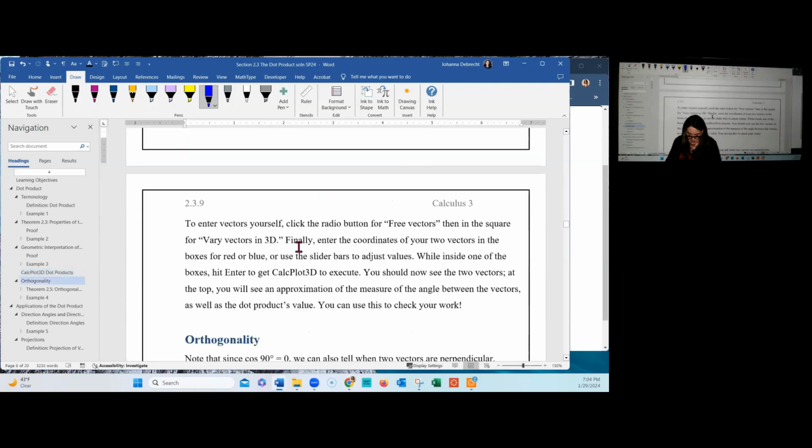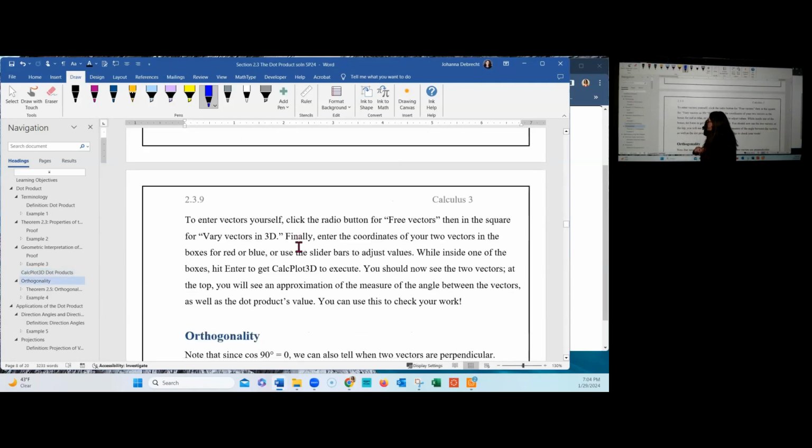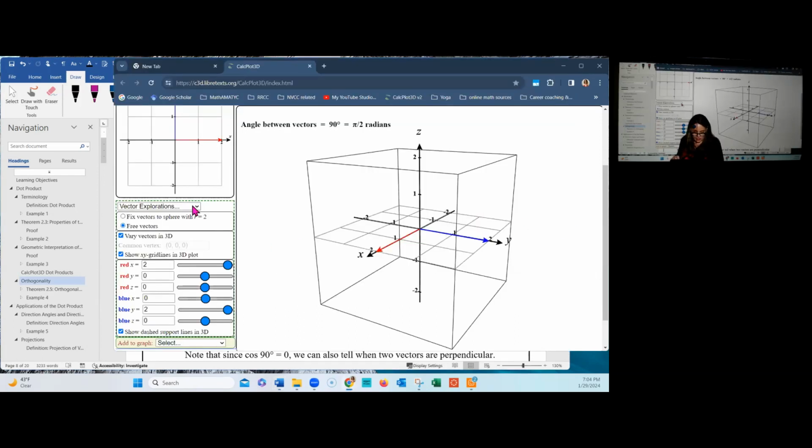So what you're going to do next, after you've clicked on vary the vectors in 3D, is come to where it says vector explorations, which is sort of here in the middle. It's a small box, but this is where you choose which application you want to use. So you're going to click on the down arrow, and you're going to come down to dot product exploration.